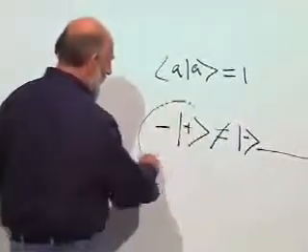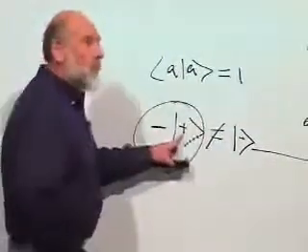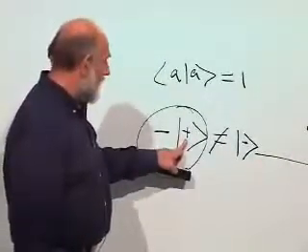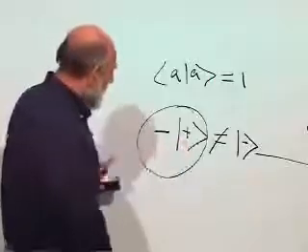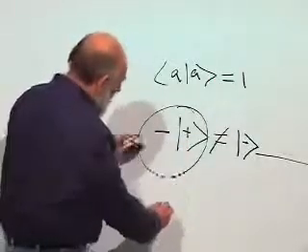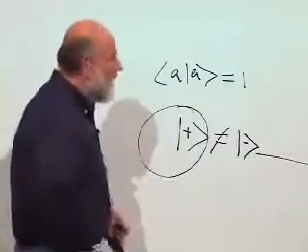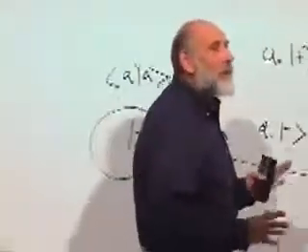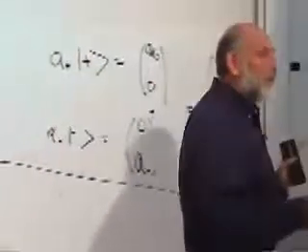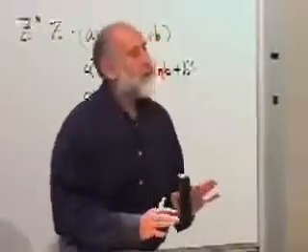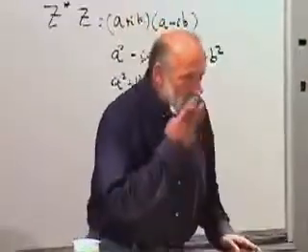This ket here has probability 1 in the plus state. Right. So without the minus sign, we also have probability 1. That's right. Absolutely. We're going to come to that. Very good. You're pointing out something that I was about to come to in a moment.